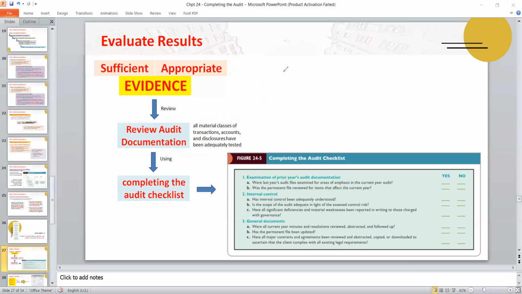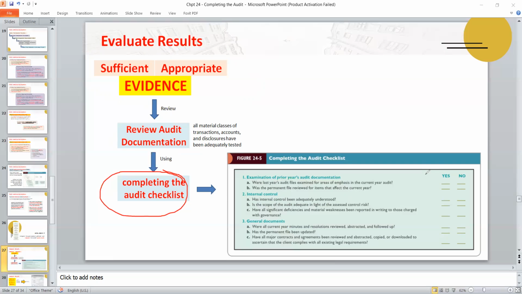So simply, you need to complete the audit checklist. Because in this audit checklist, you can know what kind of quality, what kind of control, how perfect the financial statement is, the completeness, and the others.